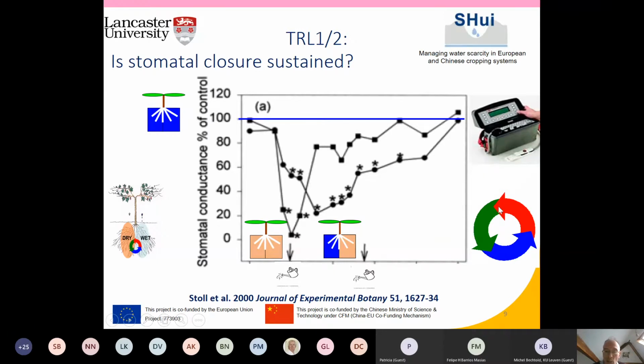This symbol here represents the swapping of the wetting and drying parts of the root system. This alternation of the wetting and drying parts of the root system has been a fundamental part of this more commercial or field application of partial root zone drying.